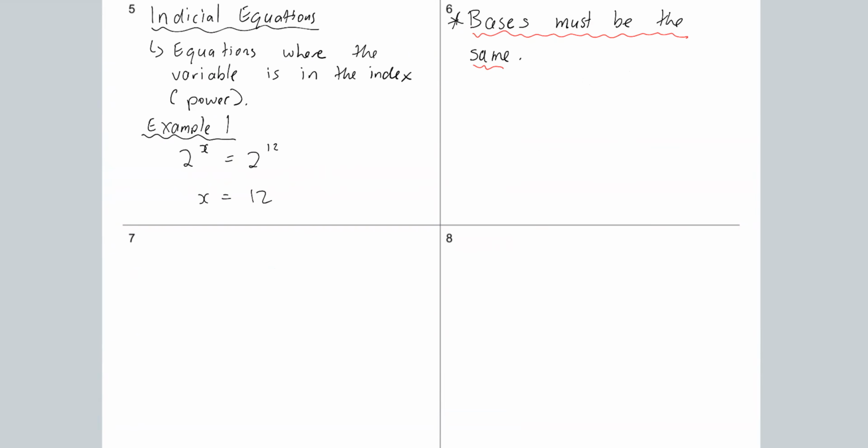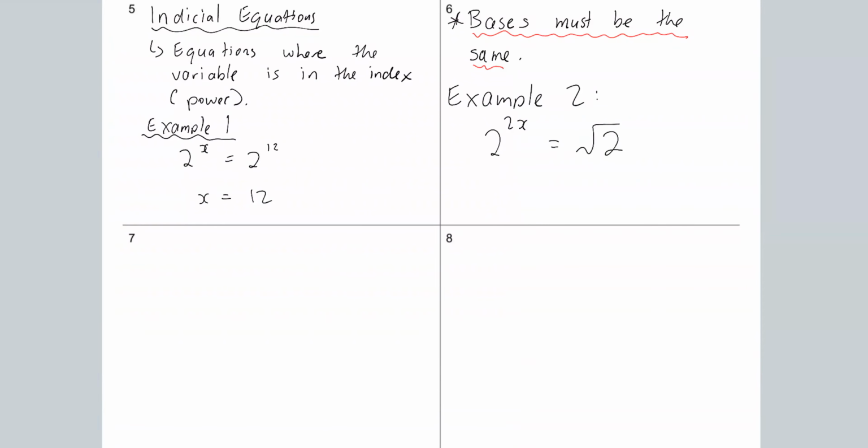So let's have a look at this in example 2 then. 2 to the power of 2x equals the square root of 2. Now, we can see there are 2's there, right? But we don't have the same base on both sides.